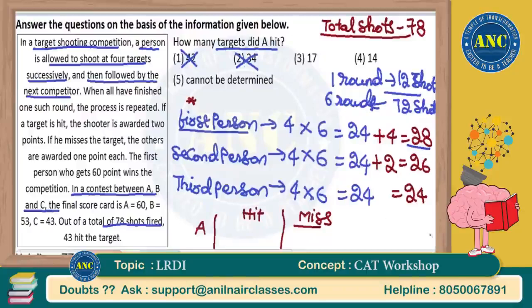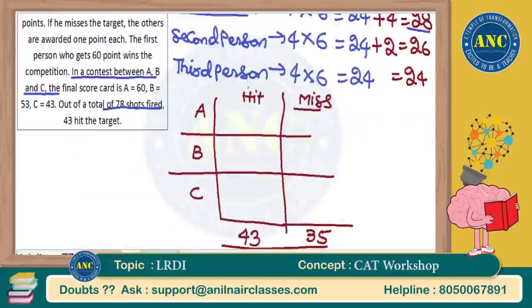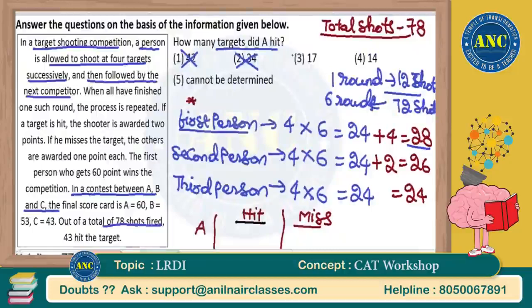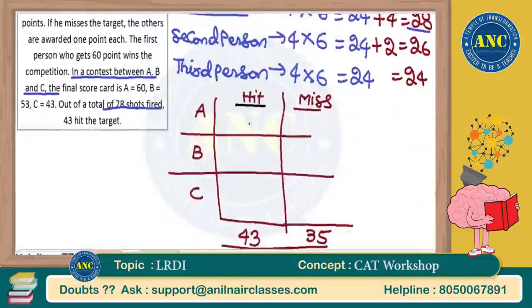Suppose I am assuming that A is the first person. Listen carefully, sir. If A is the first person and the third option is right, first person will shoot at the target 28 times. So total miss will be 11.